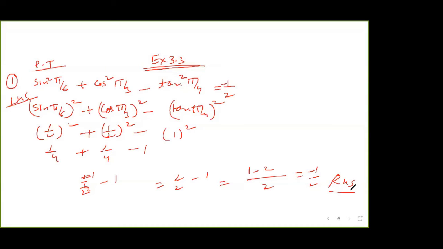Okay. Question number second is 2 times sine square pi by 6 plus cosecant square 7 pi by 6 into cos square pi by 3.